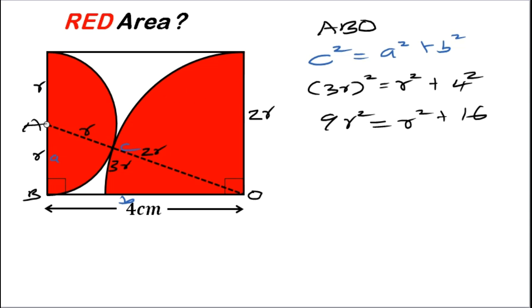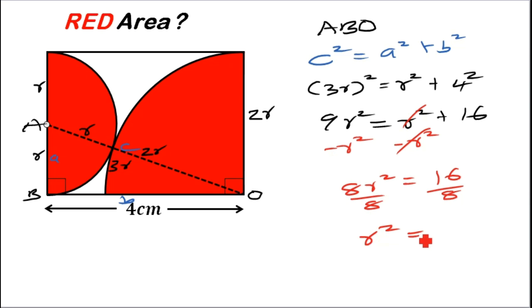So when we take r to the other side of the equation, we subtract r squared on either side, that will cancel this. We remain with 9r squared minus r squared, which is 8r squared, equal to 16. So when we divide both sides by 8, we get r squared is equal to 16 divided by 8.